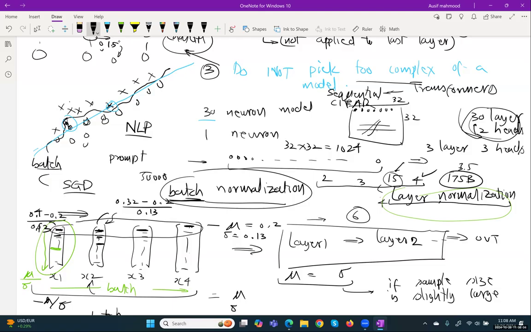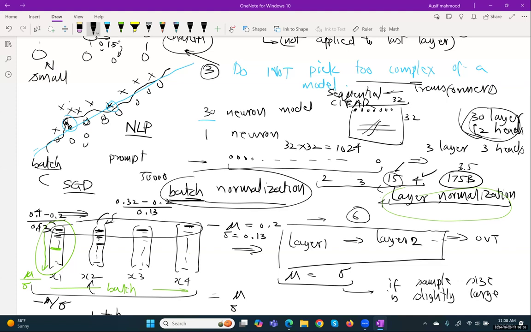If we are training ChatGPT and we use a batch size of 32, okay? In our current technology, unless we go to quantum computing where it will do everything simultaneously, right? Because of the computational requirements, we use a very small batch size in NLP.